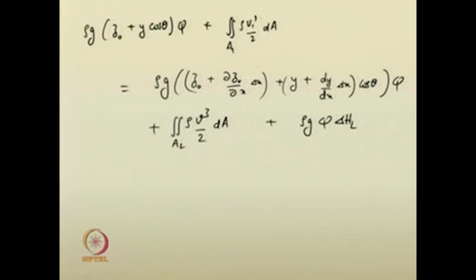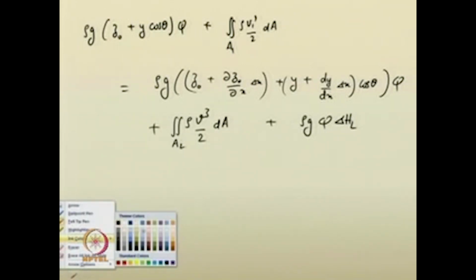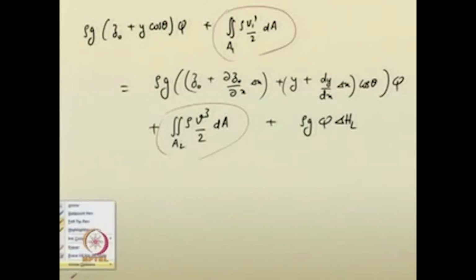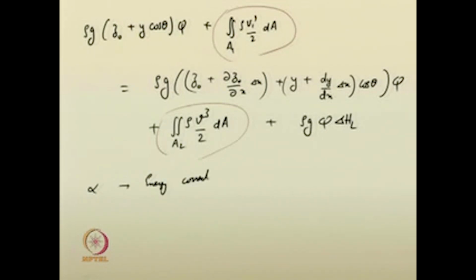So, if you see in these two equations, in these two particular terms, this quantity is an areal integral, this quantity is also an areal integral. So, you need to take into account the energy correction factor alpha. You know the energy correction factor, you have to employ it.